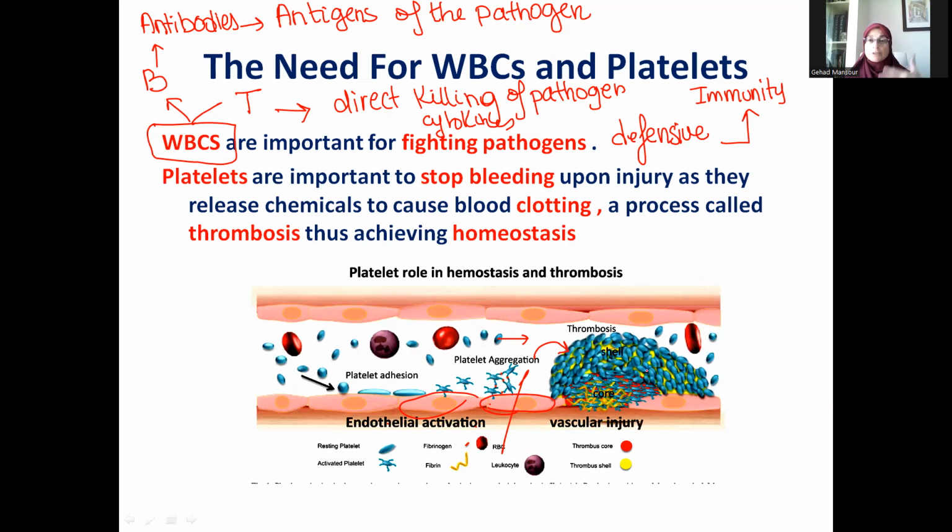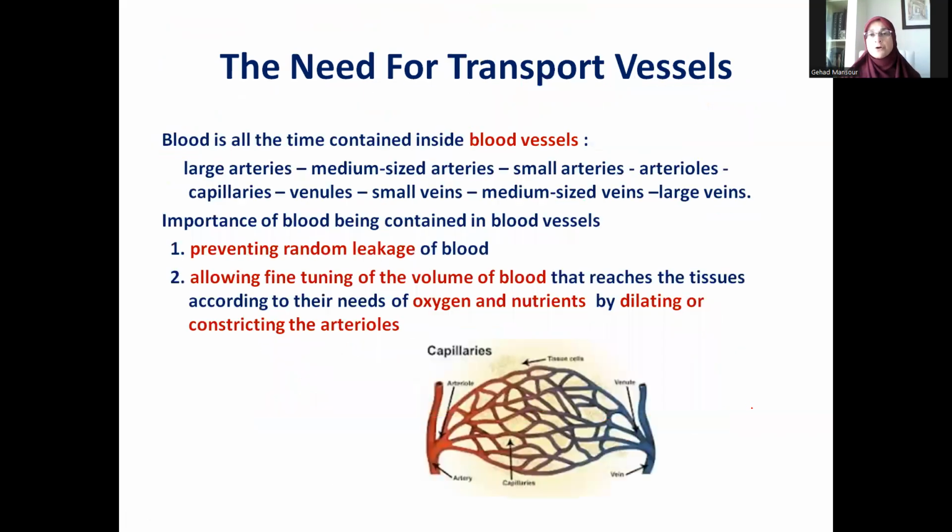And the platelets, once they are gathered and activated, they start secreting sticky substances that help formation of a clot. And a clot is a semi-solid structure of the blood that helps plugging the injured blood vessel and therefore stopping bleeding.